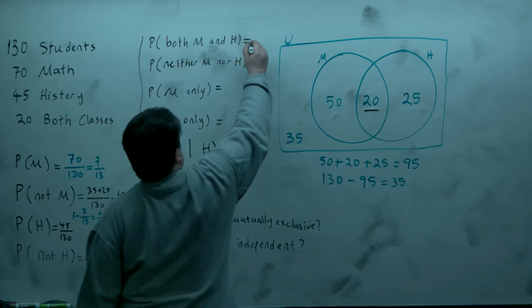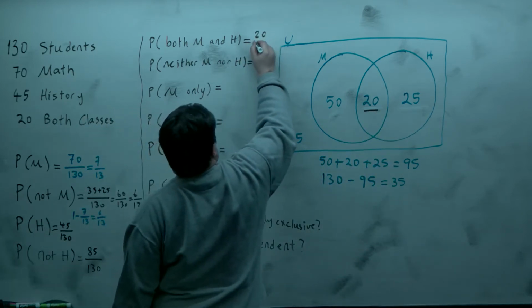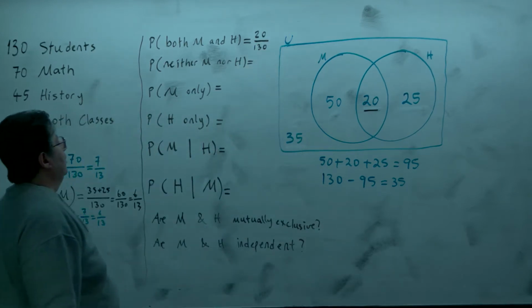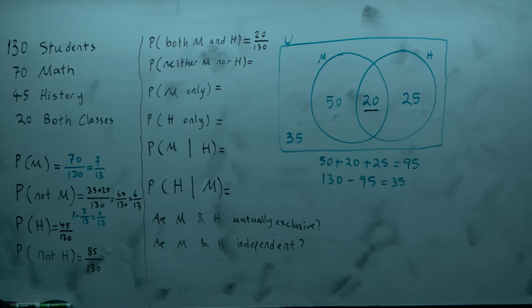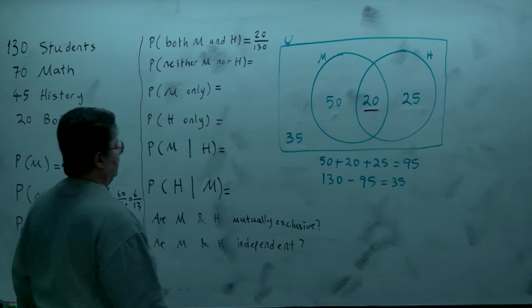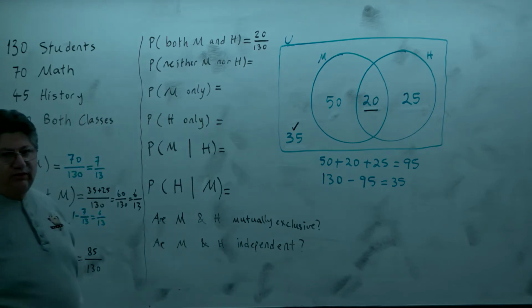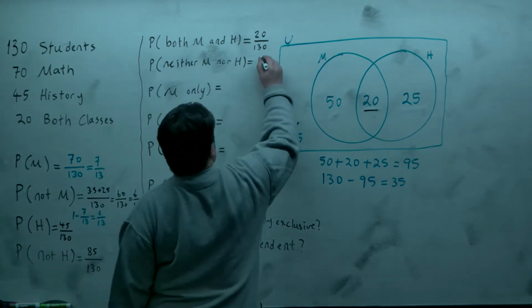So that would be 20 divided by 130. What is the probability that a randomly selected student takes neither math nor history? In that case, this is what we are interested in. 35 divided by 130.